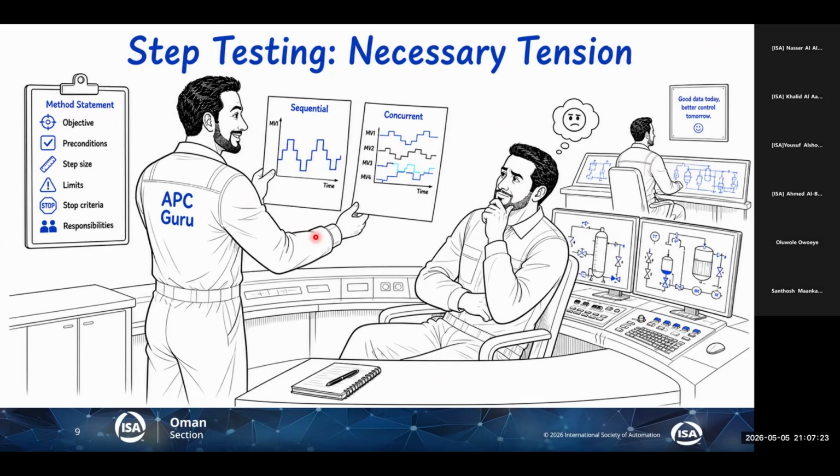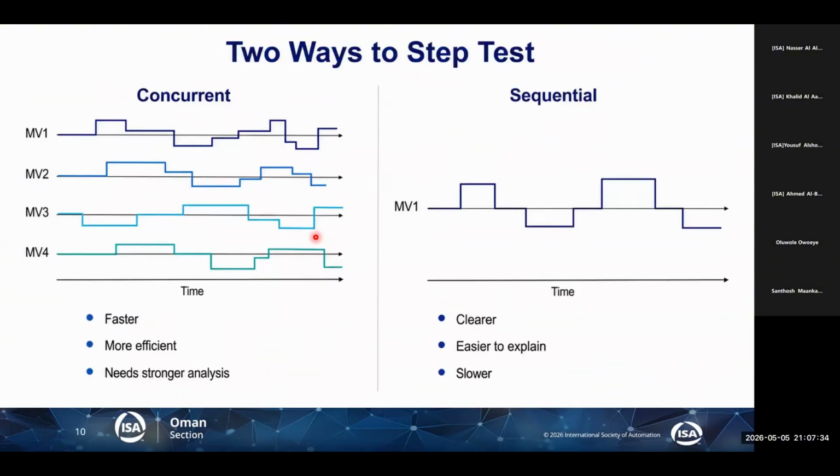There are different ways to perform this step test, this controlled learning. As you see here, it says sequential and concurrent. The first one, concurrent step testing, several variables are manipulated, moved, as you see in the trend, almost after each other, almost at the same time. Of course, this is more efficient.